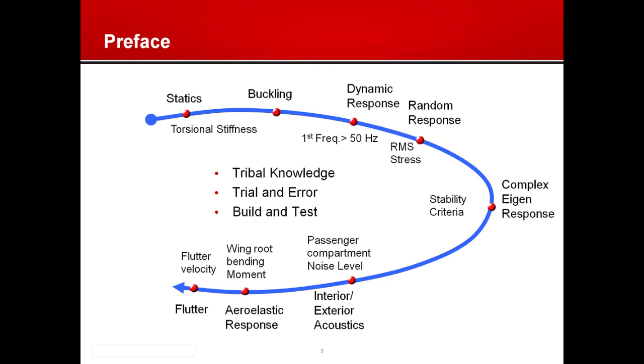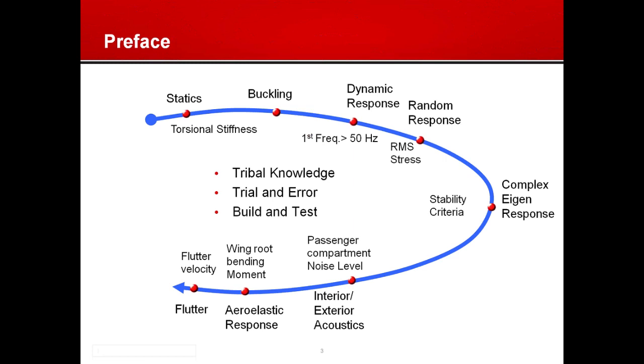And if you're doing aeroelastic analysis or aircraft design, then you might have some aeroelastic response requirement and the flutter requirements. So you're trying to modify your design and you're trying to meet all these different requirements. And to change your design while meeting all these requirements is a challenge.